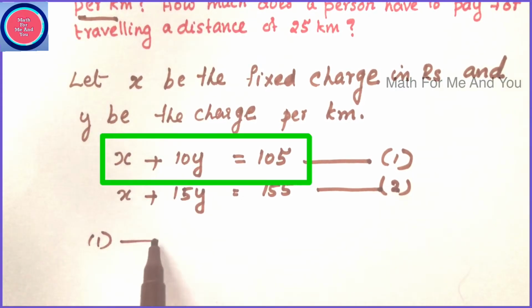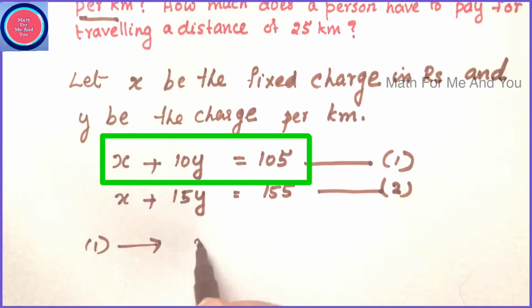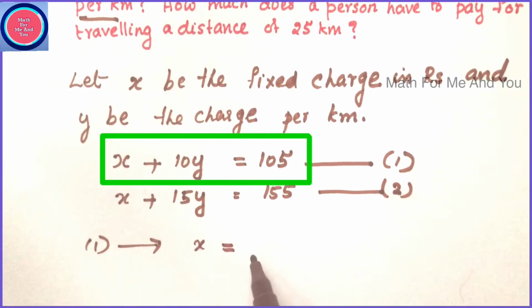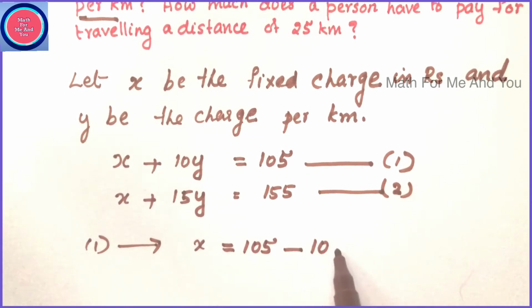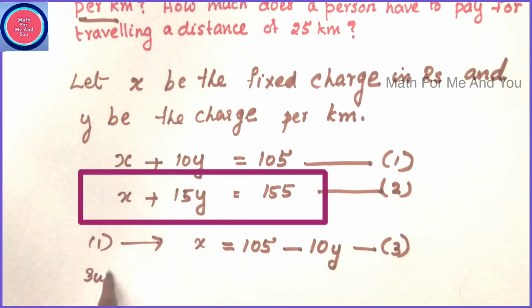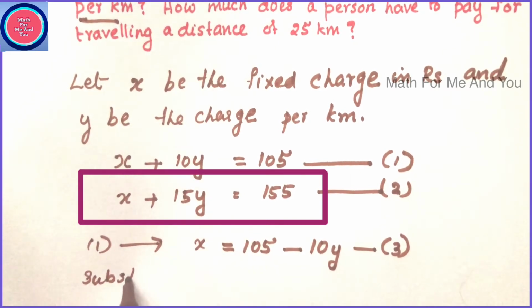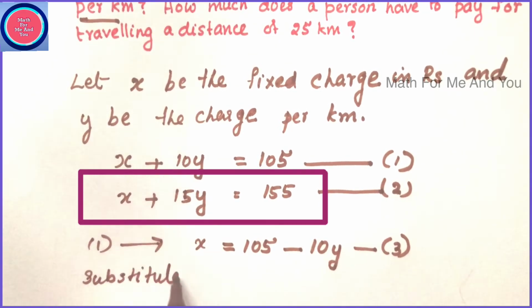From equation number 1, we find what is x in terms of y. x is equal to 105 minus 10y. Let it be equation number 3. We can substitute this value in the other equation, that is equation number 2. Substitute the new value of x in equation number 2.